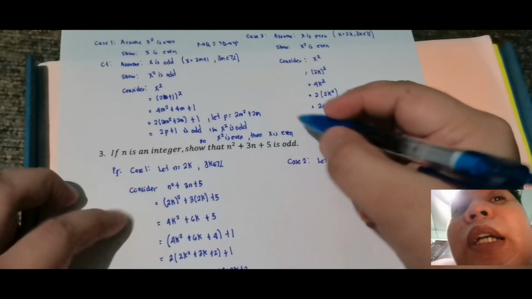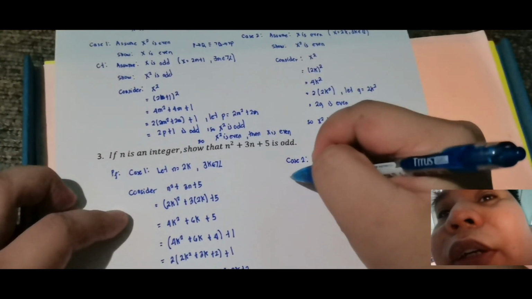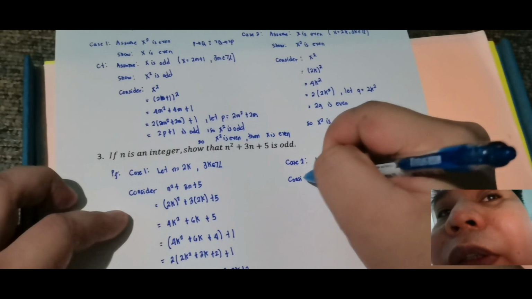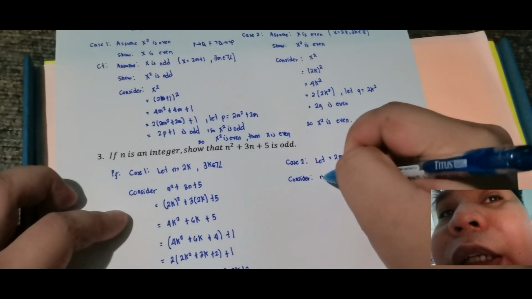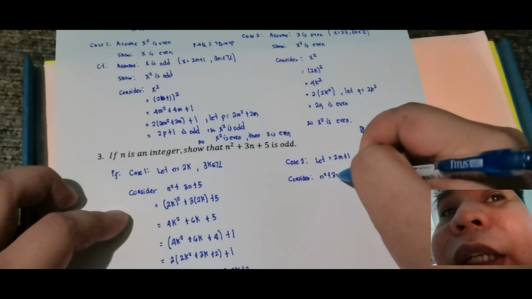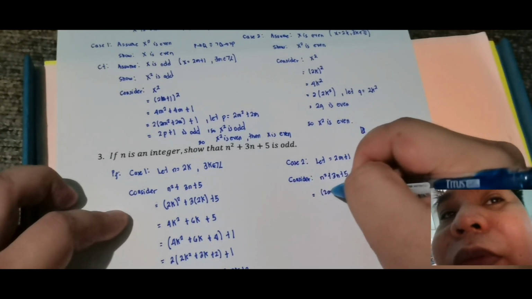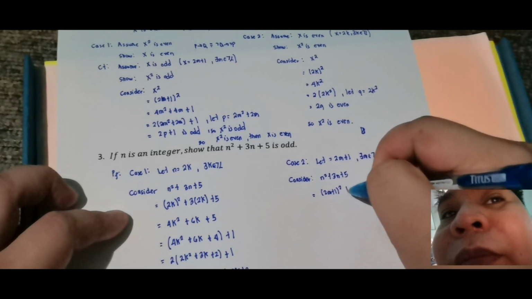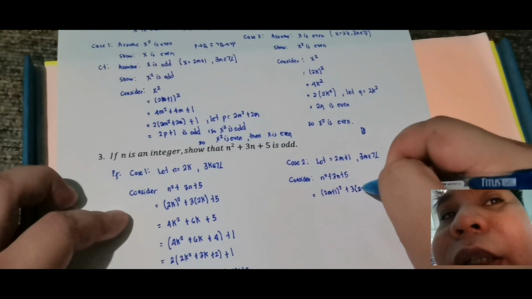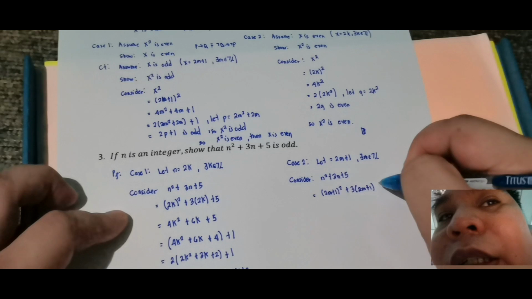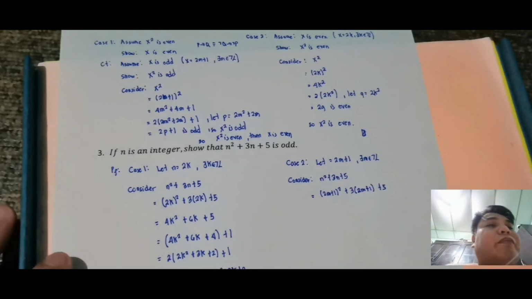So let's consider again n squared plus 3n plus 5. This is equal to 2m plus 1 squared plus 3 times 2m plus 1 plus 5.